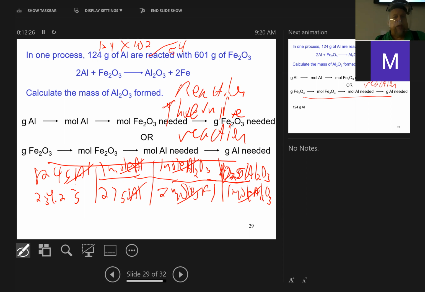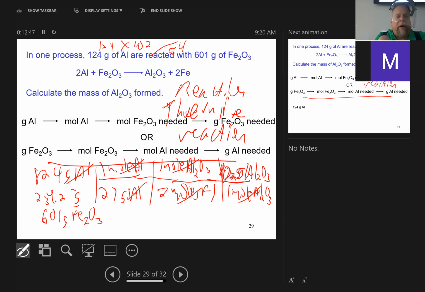Okay, now let's do it with the other one. 601 grams of iron oxide, Fe2O3. You have to get the molar mass of iron oxide. So look on the periodic table, what is iron over there? 55.85.